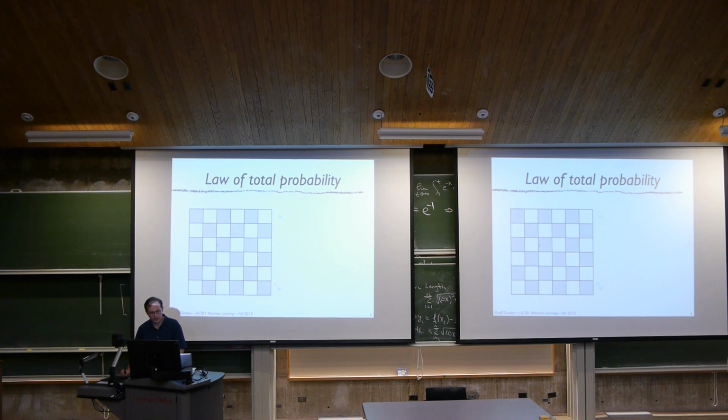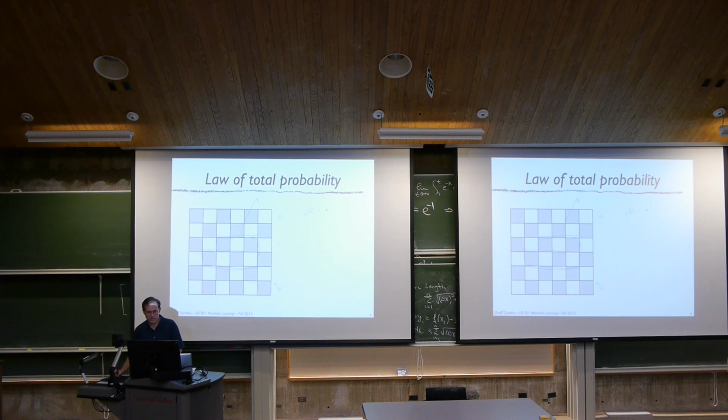And we have some event B, which looks like this. So this is B. I can say that the probability of the event B is equal to, well, I can split the event B according to the events A. I can split it into 2 parts along this wavy line.